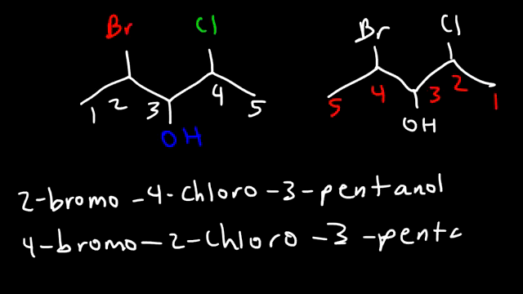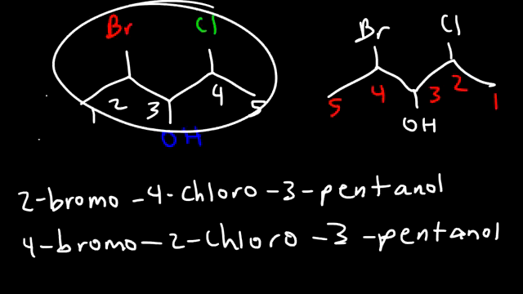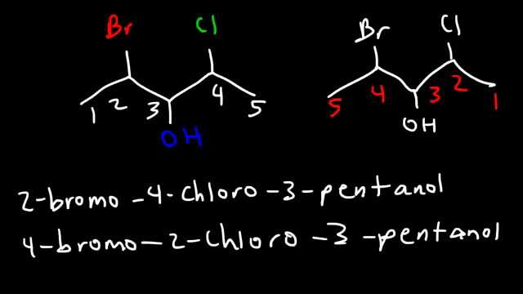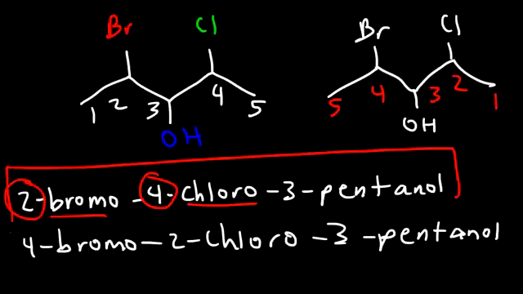So which name is the correct IUPAC name for this molecule? Now the first substituent, if possible, you want it to be the lower number. So 2 is less than 4. So the first one wins. You want to try to put the numbers in ascending order after you alphabetize the substituents. So it's going to be 2-bromo, 4-chloro, 3-pentanol.